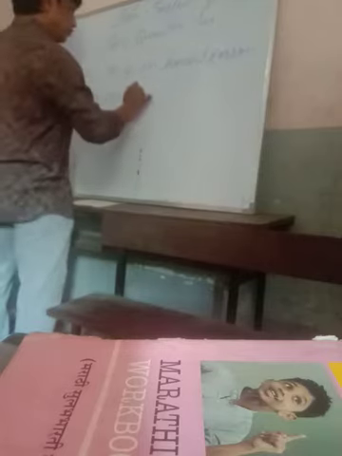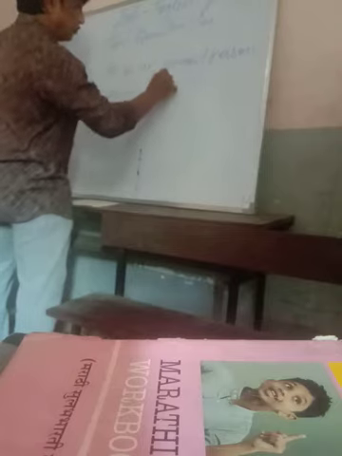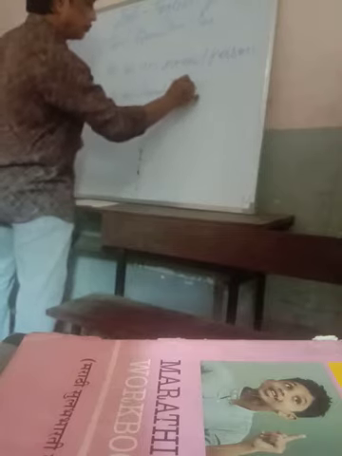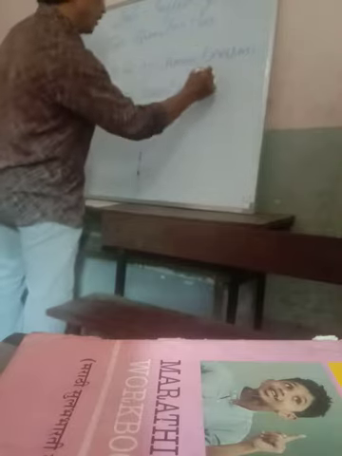Now look here, we are going to make it. First of all, we have to write the sentence as it is. He is an honest person. Now, the next step is the comma. Then the actual question tag.